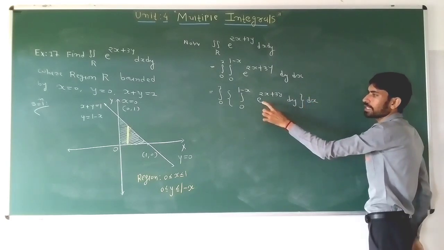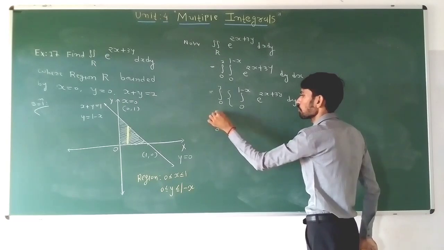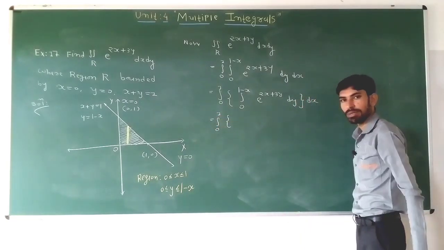Now to do the integration of e raised to 2x plus 3y with respect to y. So integration 0 to 1 it is. Friends, we know the integration of e raised to x is e raised to x.